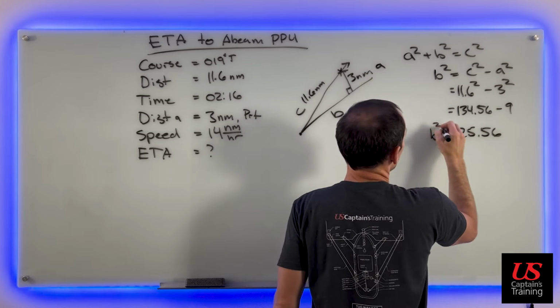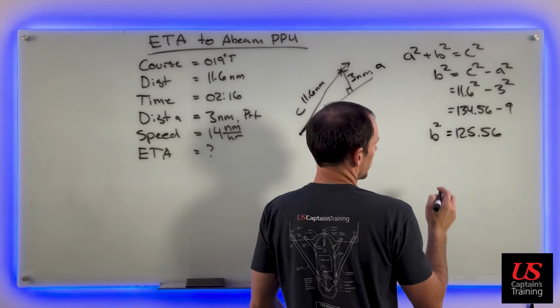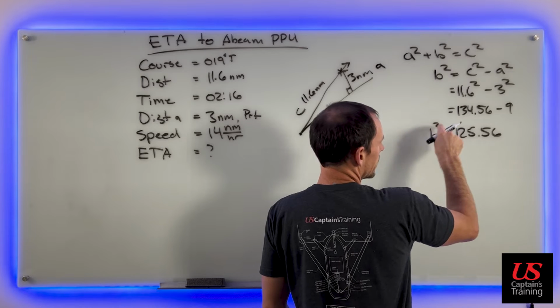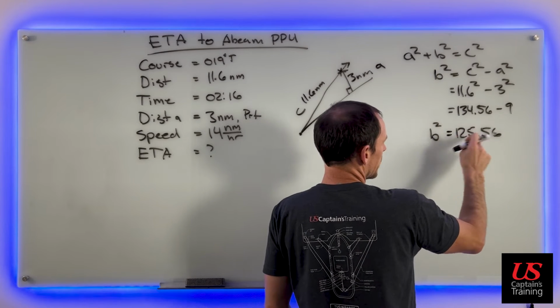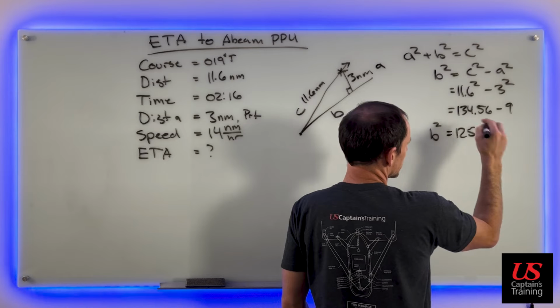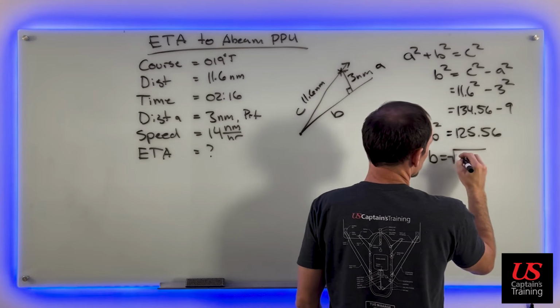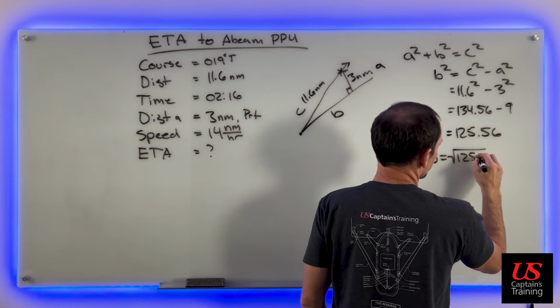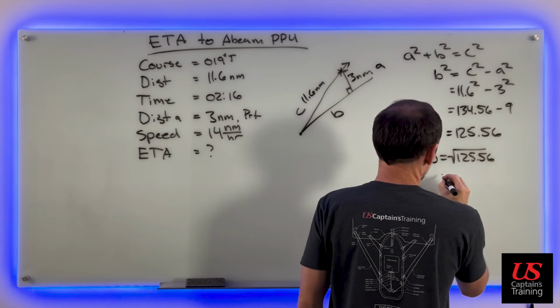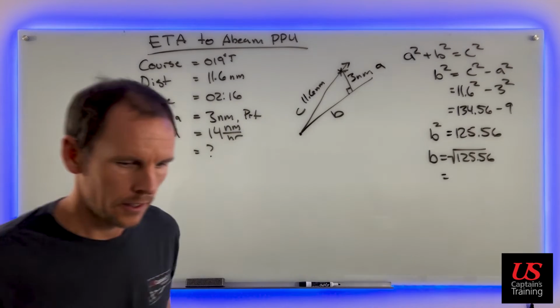So B squared is equal to 125.56. To get this square out of here and just get B, we take the square root of both sides. So B equals the square root of 125.56. What's that give us?